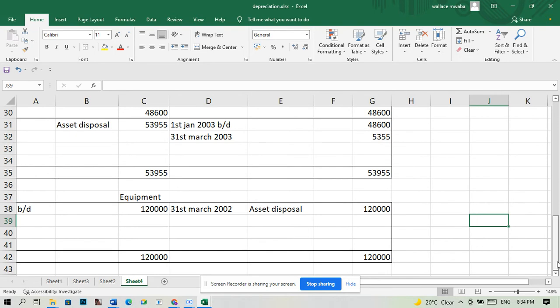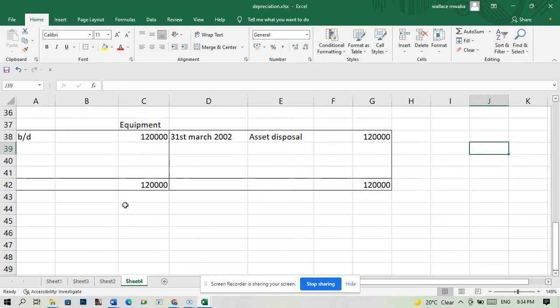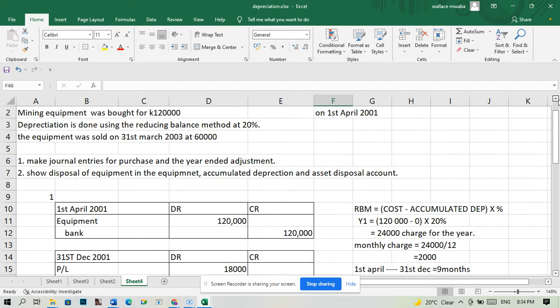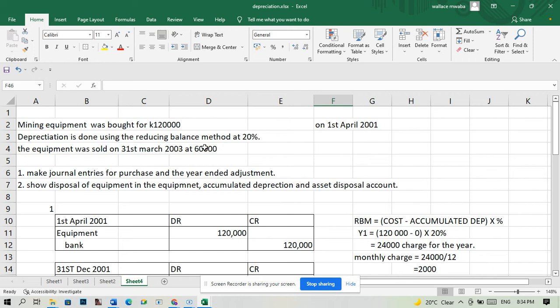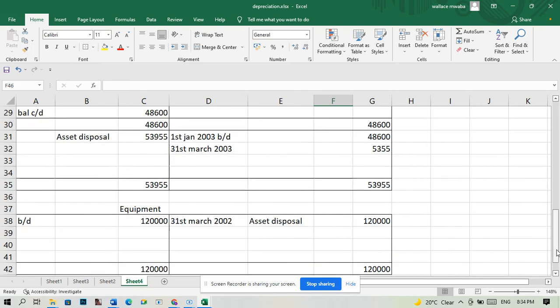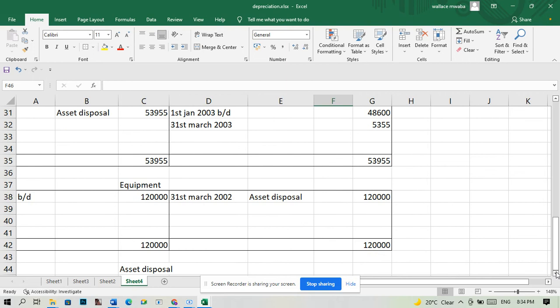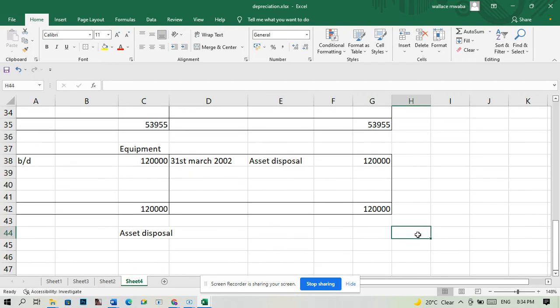Then finally we go now to our asset disposal account. Right, so we'll also make the general entry for the sale because it said on 31st March it was sold at 60,000. So we'll say 31st March 2003, and we're going to debit bank, okay, we'll assume it was sold by check.